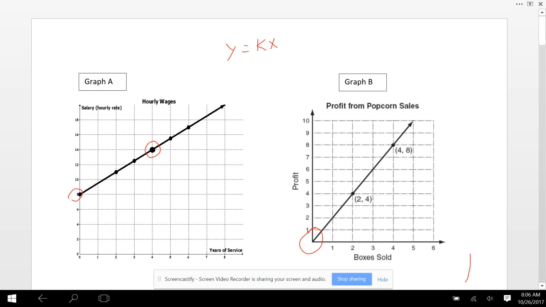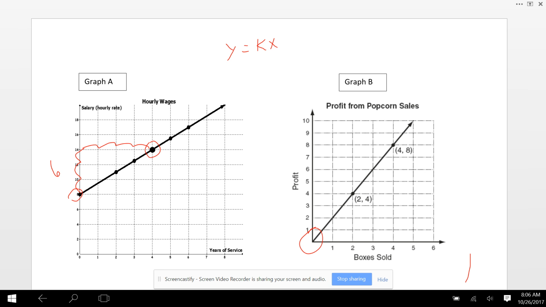And here's a really big one. Notice the units are counting up by 2s. So as I count my rise, I'm going 2, 4, 6. And my run is going by 1s: 1, 2, 3, 4. So my slope is 6 over 4, which happens to be 3 over 2.